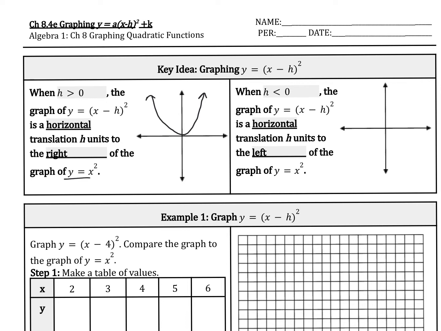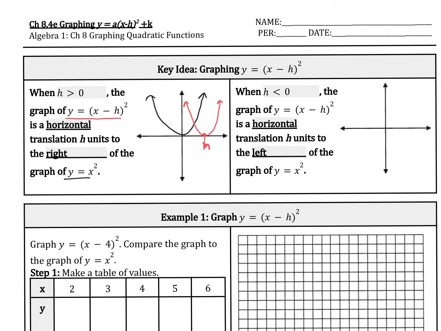If you graph something like this, you shift the whole graph h units to the right side of (0, 0).